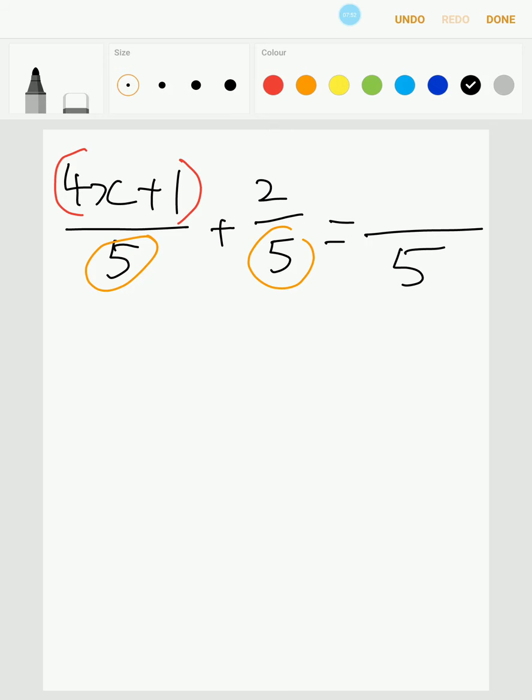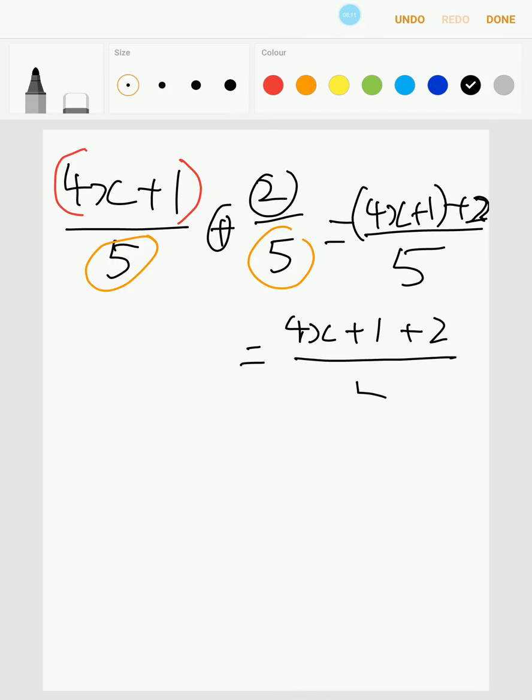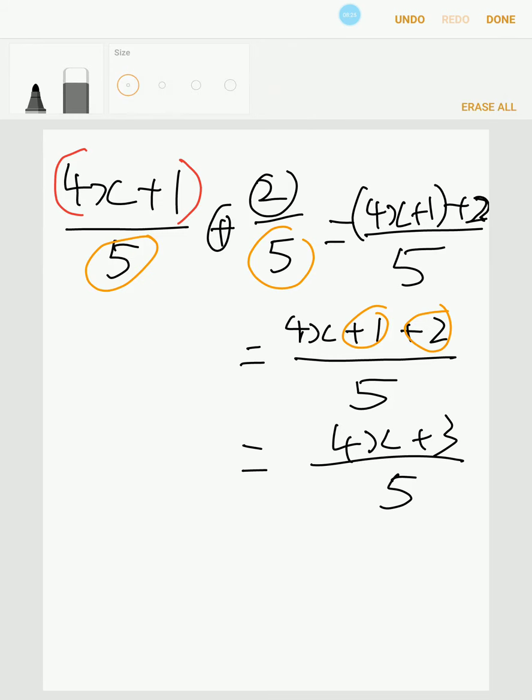What is on top? 4x plus 1 plus 2. Sorry, the 2 didn't come out. So 4x plus 1 plus 2 over 5. Simplify this, like terms: 4x plus 3 over 5. Get it? Okay, same for the subtraction.